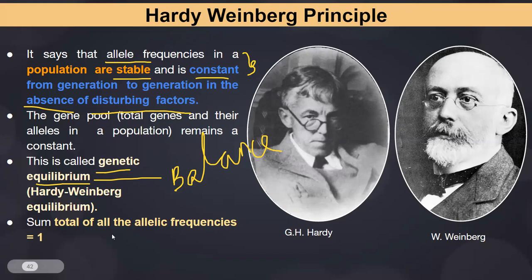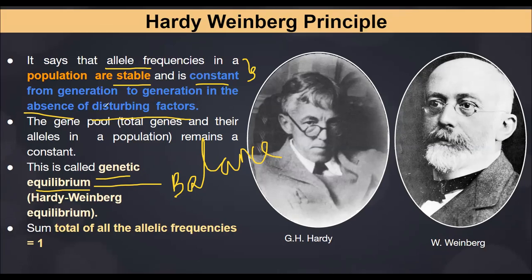So there is no change, no migration took place, no reproductive isolation, nothing like that. The population is interbreeding properly, and generations are coming one after another. So the frequencies of the alleles remain the same and constant, which gives you the sum total of allelic frequency in that particular population to be 1.